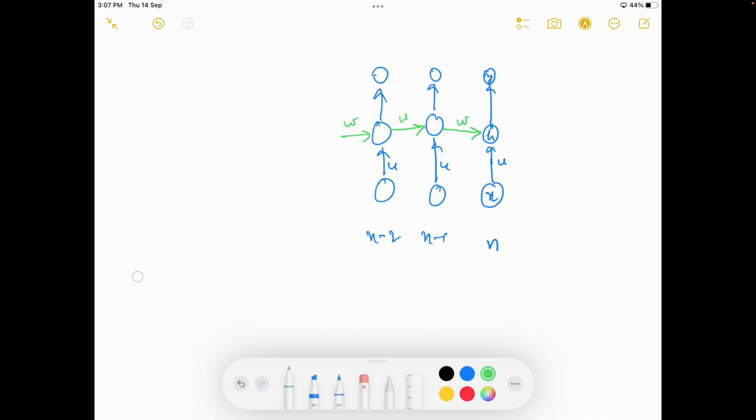So if you want to compute here the derivative of y, let me use Newton... You want to compute the derivative with respect to W, then you have to compute not just through this path, but also through this path, but also through this path.